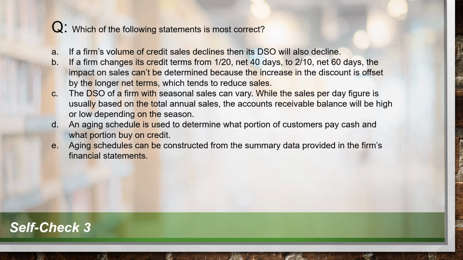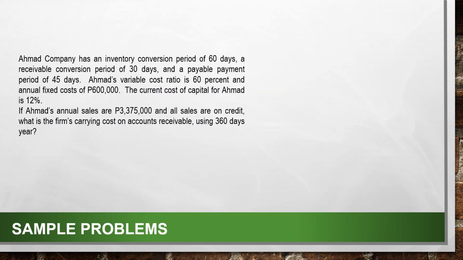Okay, so time for self-check question number 3. We have here a sample problem. Ahmad Company has an inventory conversion period of 60 days, a receivable conversion period of 30 days, and a payable payment period of 45 days. Ahmad's variable cost ratio is 60% and annual fixed cost is 600,000.